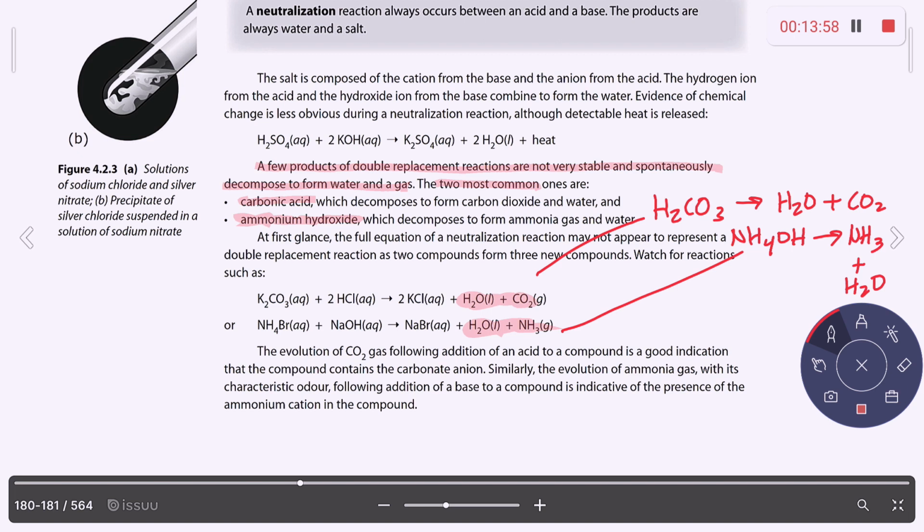Okay. If you ever produce ammonia gas, it stinks. It has a really foul odor. I would know that if I were you. And then if you add a base, just read this part, okay?